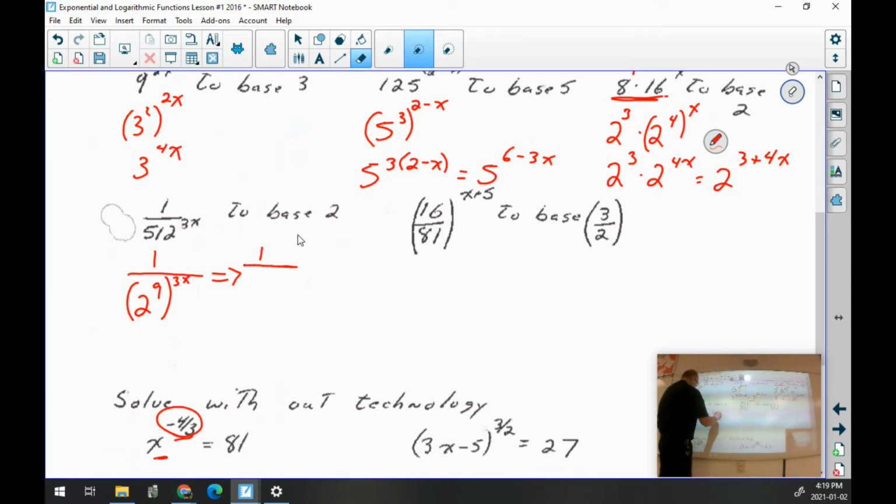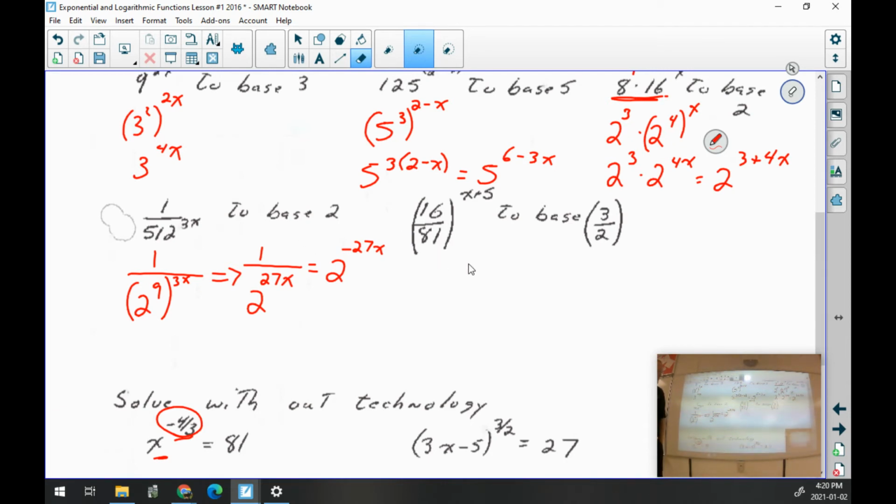I have 1 over 2 to the 27x. Now, we're close. If I wanted base 1/2, I could do it there. But I want it base 2, so I have to deal with this fraction. So 2 to the power of negative 27x.